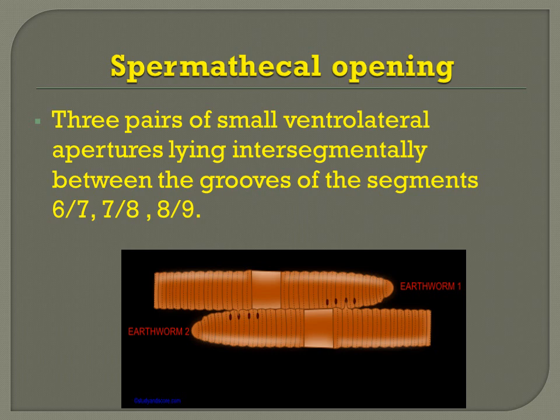Lying intersegmentally means it is present between the segments, not exactly on the segments, between the grooves of 6 and 7, 7 and 8, and 8 and 9. So 3 pairs of spermathecal openings are there to exchange gametes for the reproduction process. Clear?